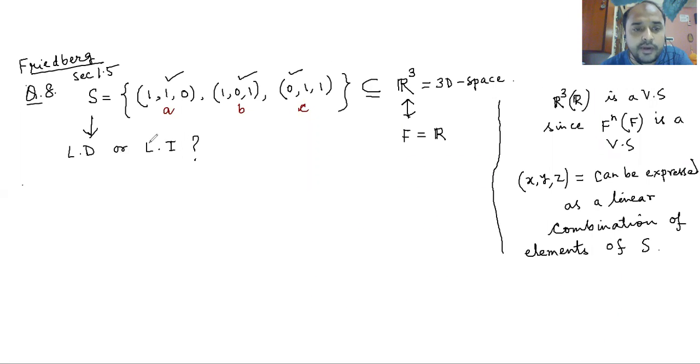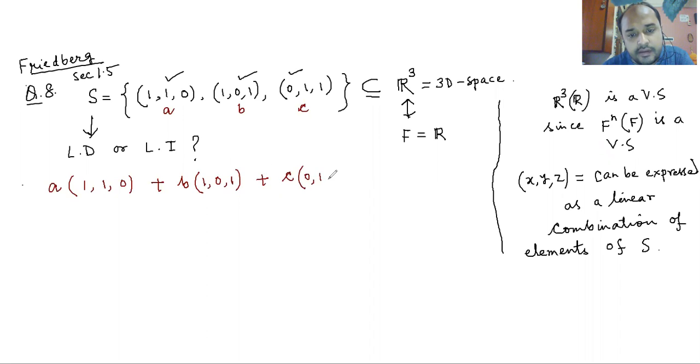Then we check whether the linear combination of these elements gives the zero vector.